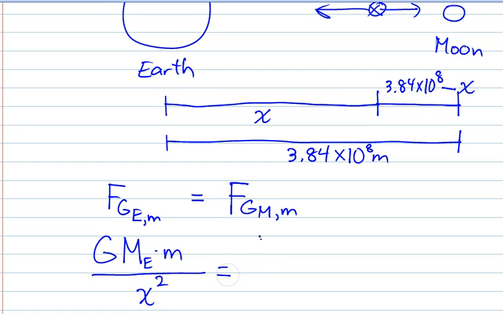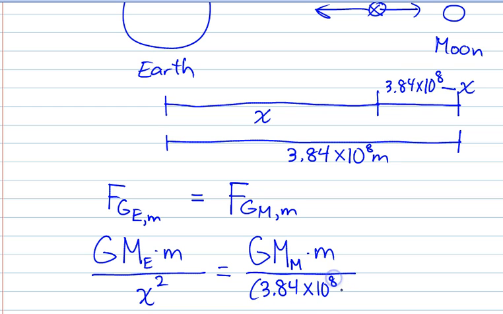That must be equal to G times the mass of the Moon times the mass of the object divided by 3.84 times 10 to the 8th minus x, quantity squared.